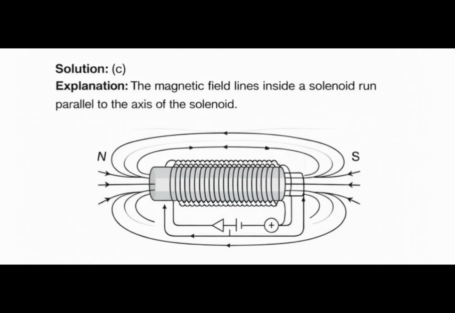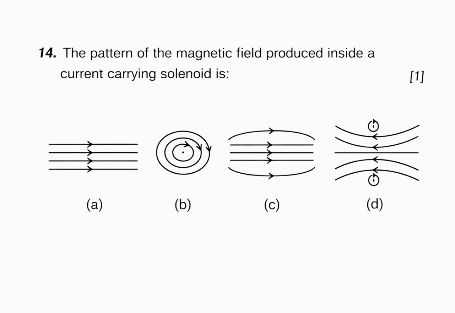Inside the solenoid magnetic field lines are straight and parallel and also equally distributed lines. This indicates that magnetic field inside a solenoid is uniform. So, among the given options, the diagram that shows parallel straight lines inside the solenoid is the correct one. Therefore, correct answer is option A.